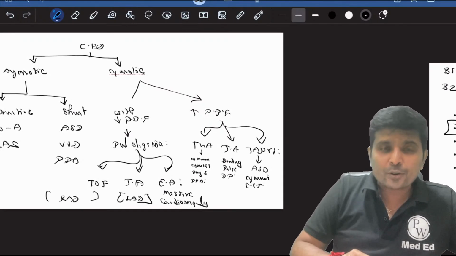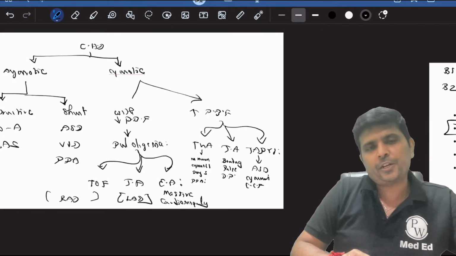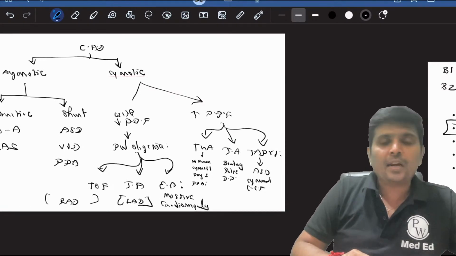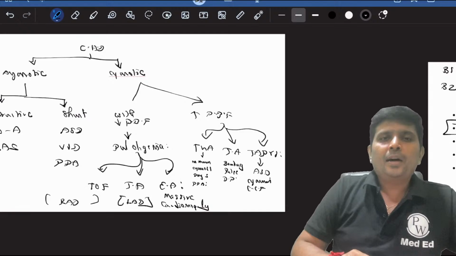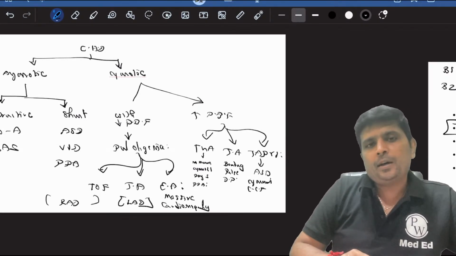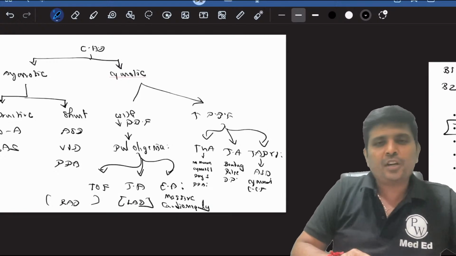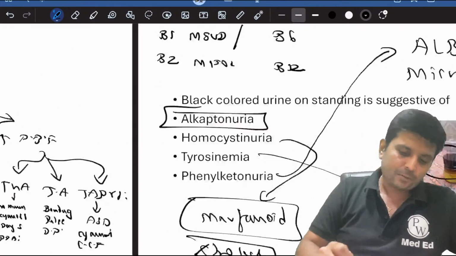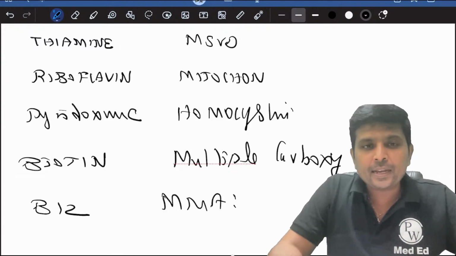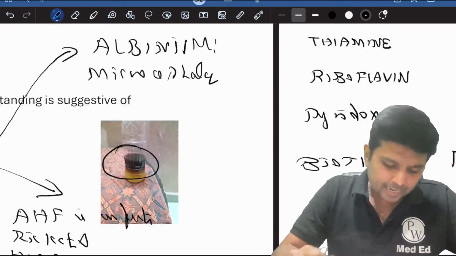Remember, the only cyanotic congenital heart disease with left axis deviation is tricuspid atresia. Second one is increased pulmonary blood flow. It can be due to total anomalous pulmonary venous connection, truncus arteriosus, or transposition of great arteries.